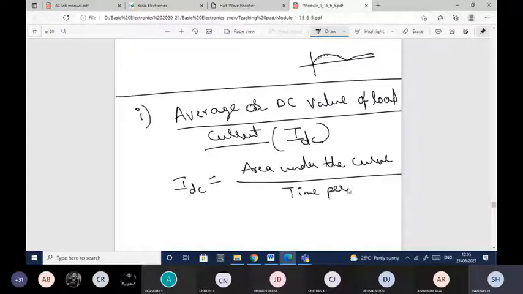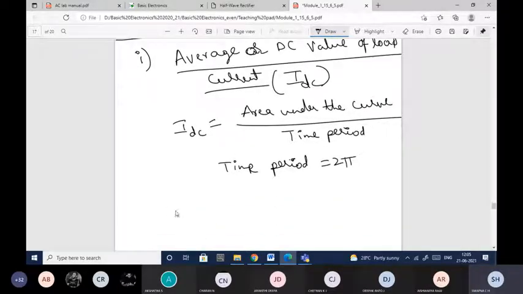If you observe, the time period T is 2 pi here. Area can be found by using integration. I hope you know very well that finding the integration is nothing but finding the area under the curve. I need to take the area for the complete cycle.